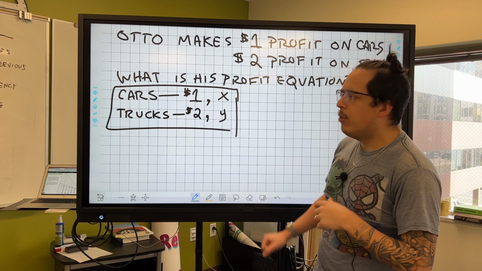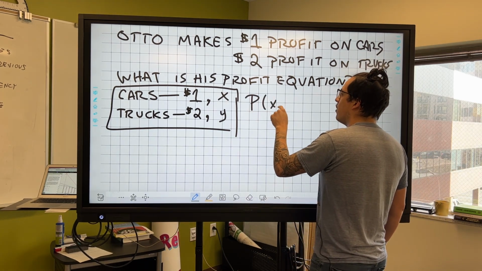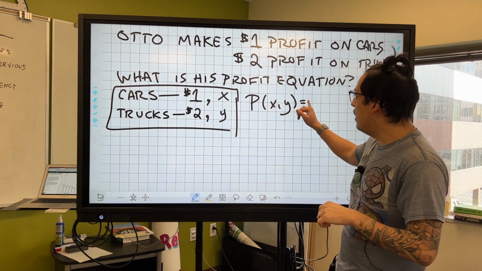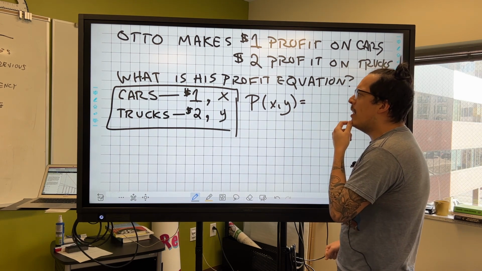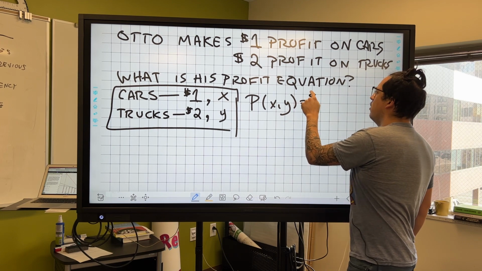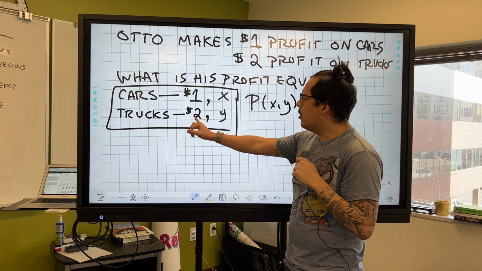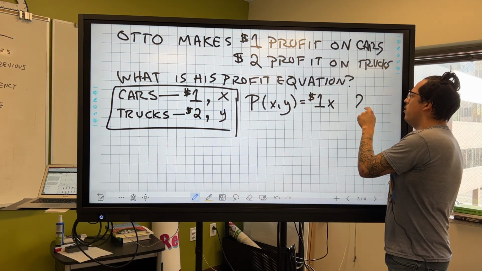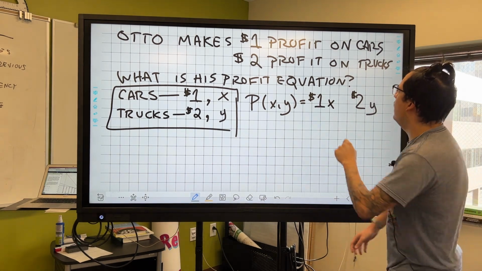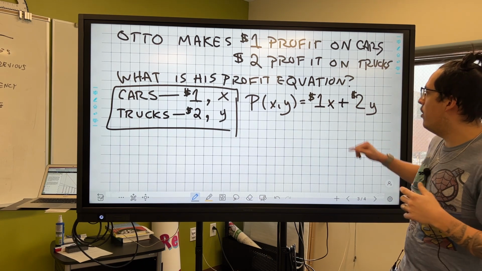And in this class, remember, every profit equation begins P of XY equals the profit on cars and trucks. Well, we said last time, $1 for every car is 1 times X. $2 profit on every truck is $2 times Y, and the total profit is the sum of those values.